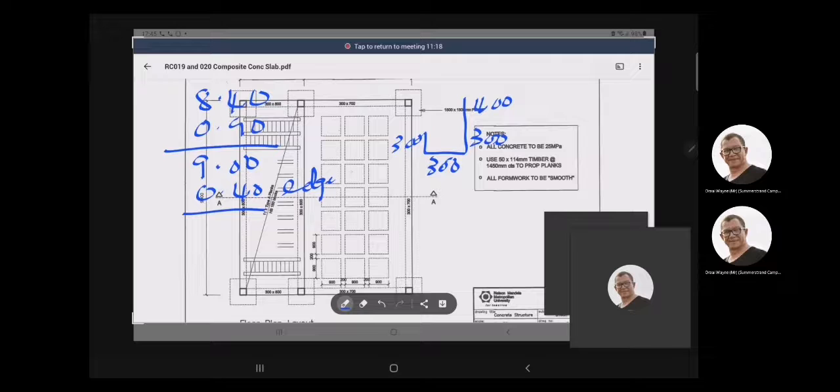With me? Right. Because when I do my vertical, I would stop that there. Okay.